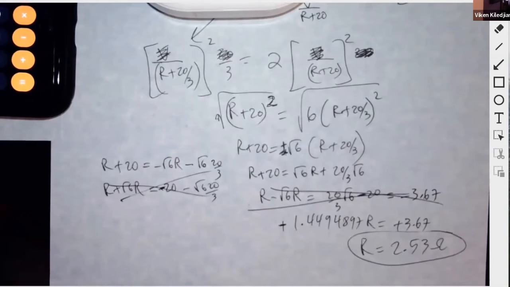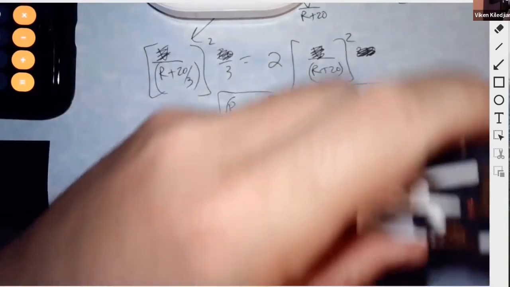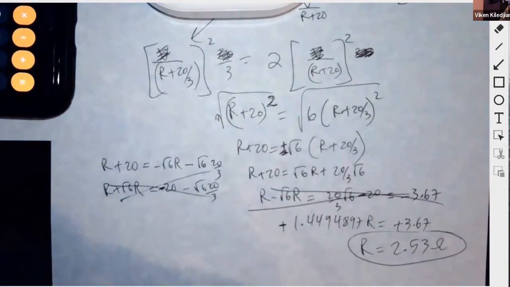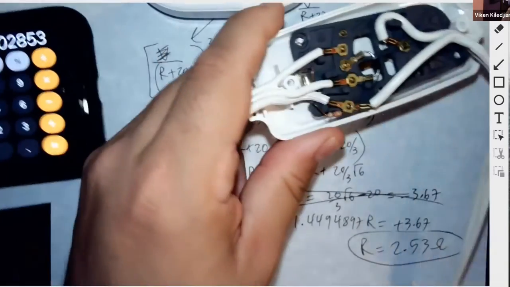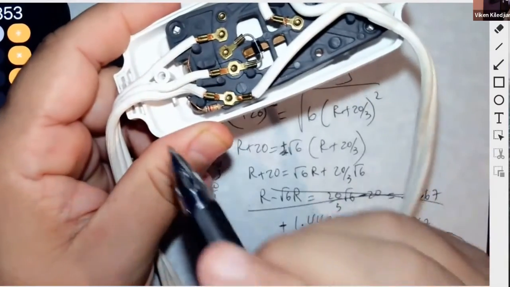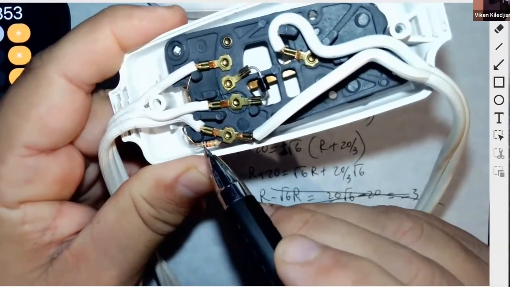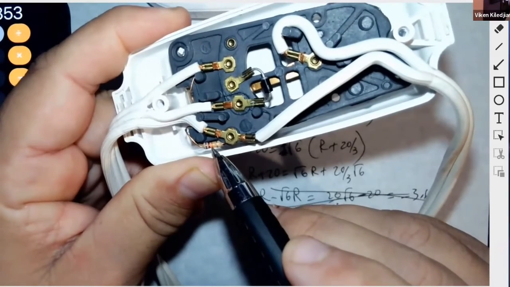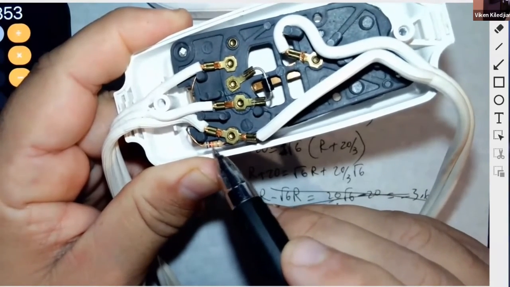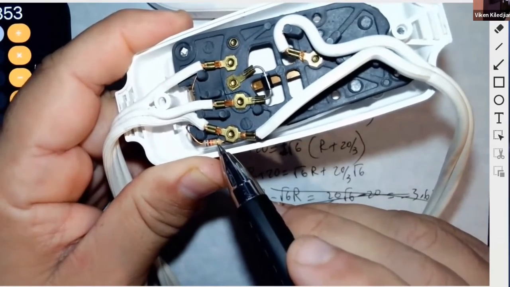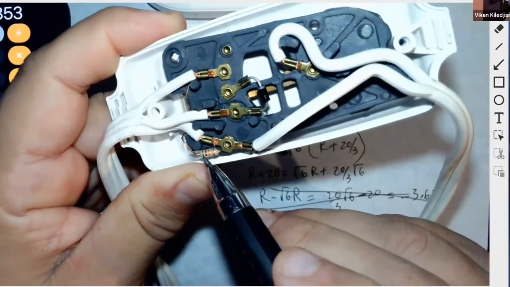Let's see. What was the resistor there? Blue, red, orange. It's a 3 and the gold. So it's the gold one is the error. I think I see it.